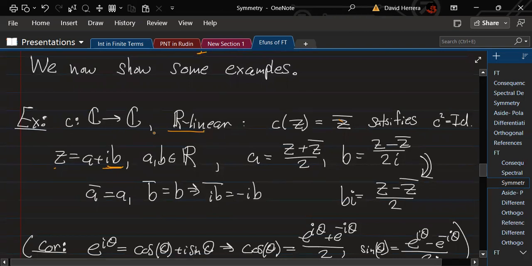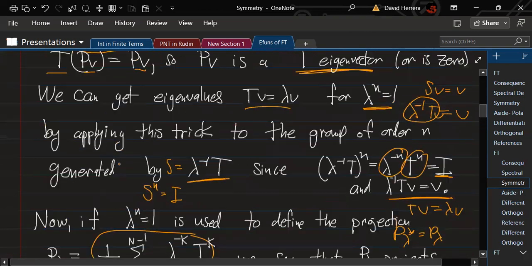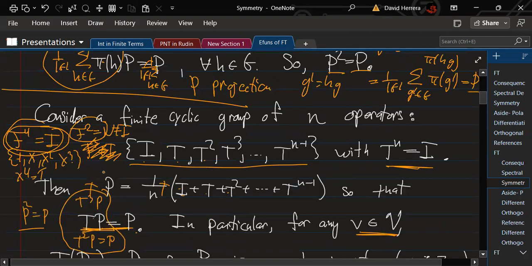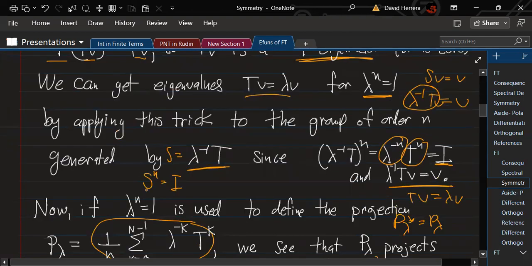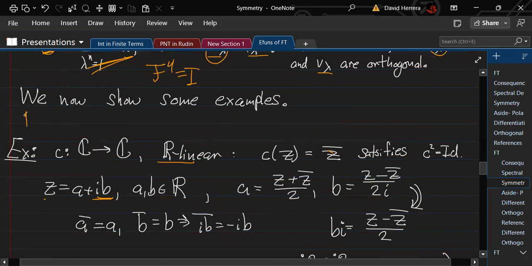Now, before I go on, I want to go back up to this example and explain what this P is doing in this example. So, actually, I want to do it here. If you do P1, we said that was 1 over n times the identity plus t plus t squared plus up to t to the n minus 1.